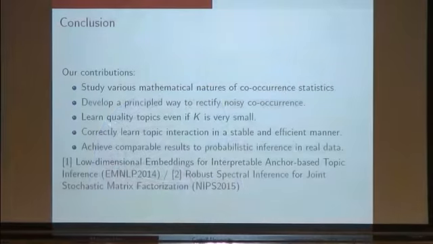And we developed a principled way to rectify those noisy co-occurrences rather than exploring the document frequency cutoff again and again exhaustively. Based on this method, we can learn quality topics even if K is very small. You already saw the K equals 5 example. Another example, which is in our paper, is in the movie data, K equals 15.